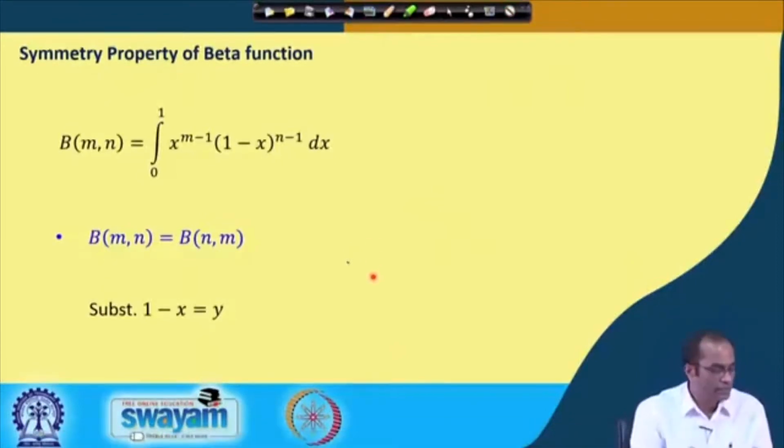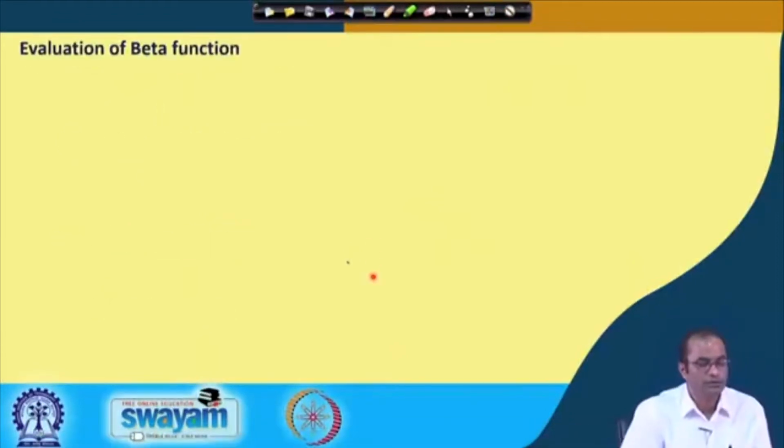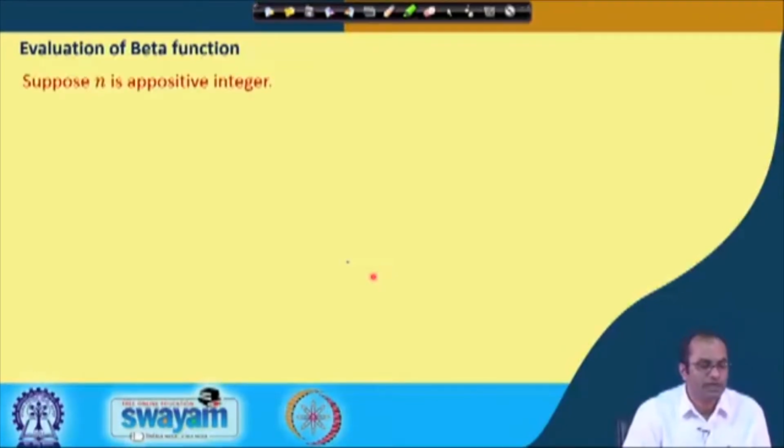And how to evaluate this beta function? The question is the evaluation, because these are special improper integrals, and special care has to be taken to evaluate these beta functions. Suppose here n is a positive number.